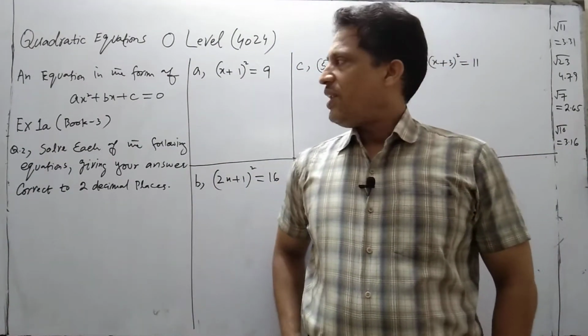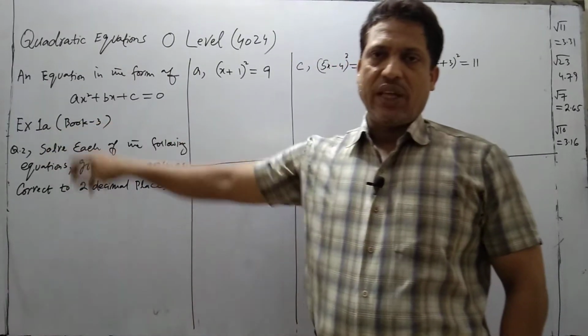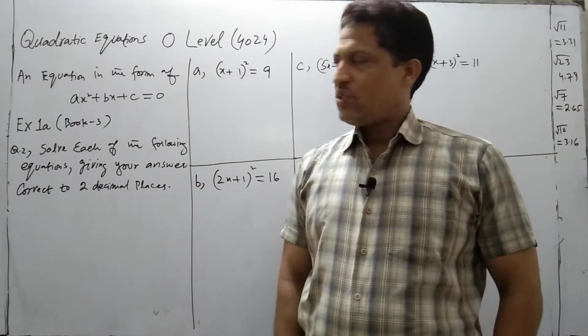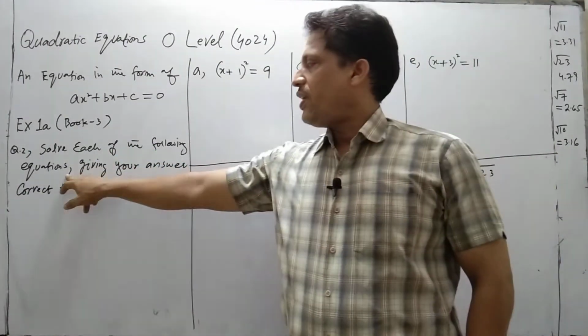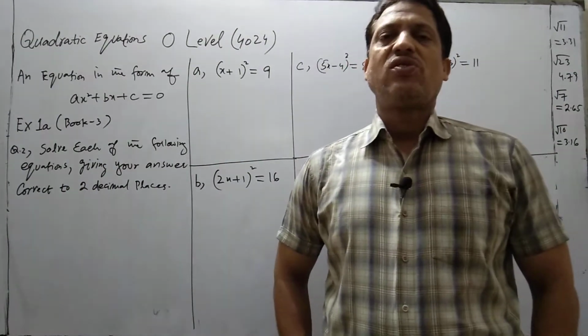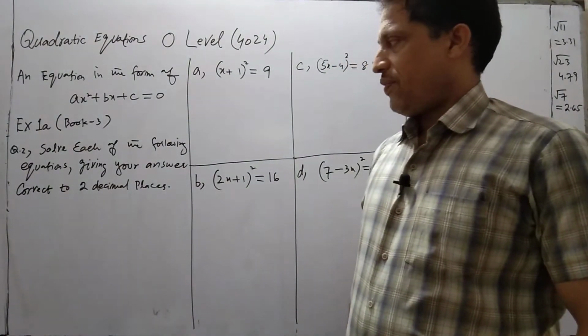Today I will continue the same exercise 1A from book 3 7 edition, and the question is same: solve each of the following equations. Solve each of the following equations means solve each of the following quadratic equations. What are quadratic equations?